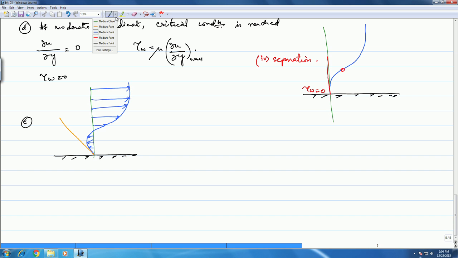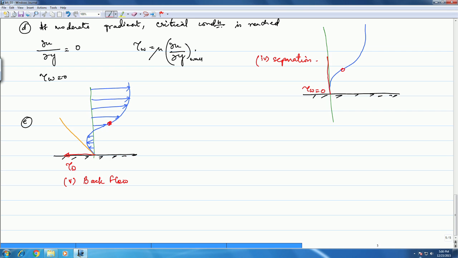Again, this is some kind of an inflection point. So tau wall is 0. In this case, because the velocity is this way, my tau wall is somewhere here. So there is backflow.